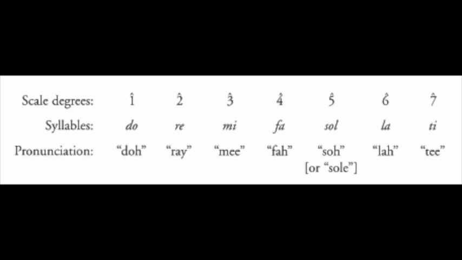So you have 1, 2, 3, 4, 5, 6, 7. Then you have the syllables that are pronounced do, re, mi, fa, sol, la, ti. Note that the syllables are pronounced with their Latinate vowels, not their English vowels.